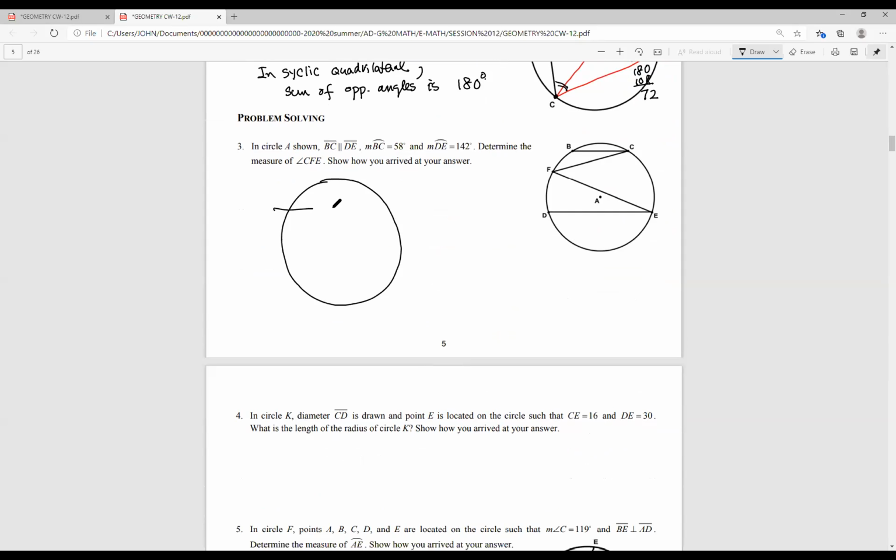When you have two lines that are parallel, what happens? This arc, this length, this arc, they must be equal, right?